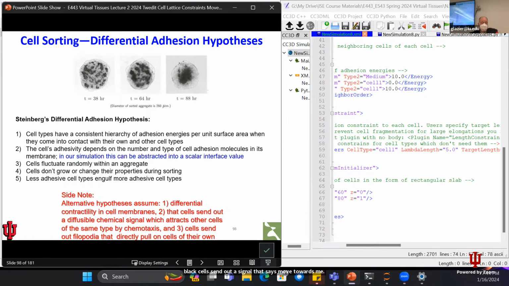And it's also possible that the cells send out very narrow filopodia, fiber-like things, anchor onto each other and pull on each other. And actually, all of these mechanisms, differential adhesion, differential contractility, coalescence from diffusing chemicals, and filopodial pulling, all of these things do occur in embryonic development.